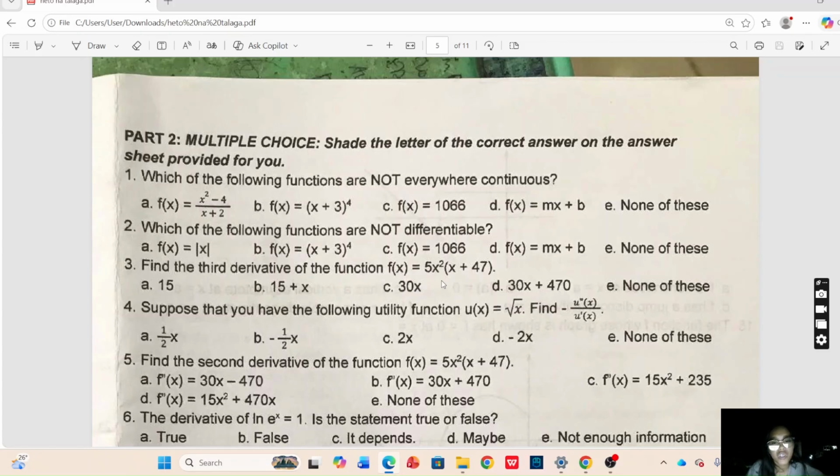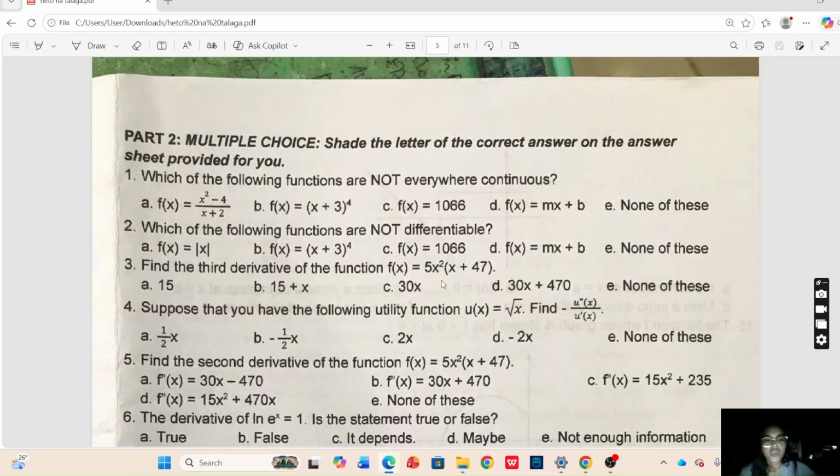Polynomial functions, linear functions, and constant functions are continuous everywhere, but rational functions with a denominator that becomes 0 are not continuous everywhere. To answer this, we first recall the meaning of continuity. A function is continuous if its graph has no breaks, jumps, holes, or undefined values. That's why our answer would be letter A.